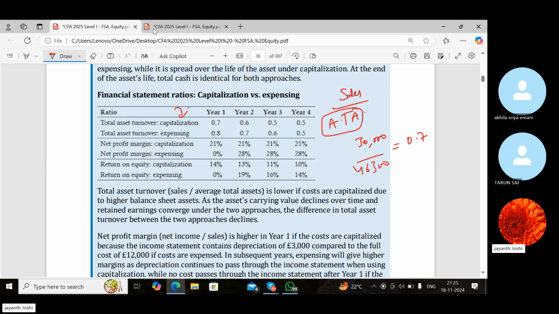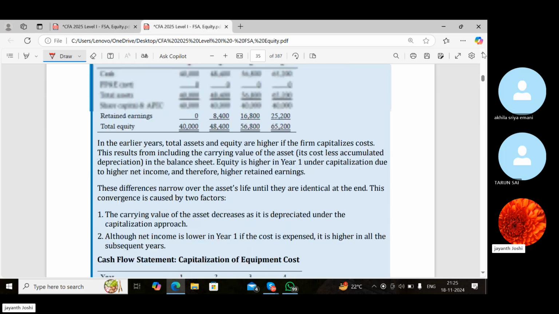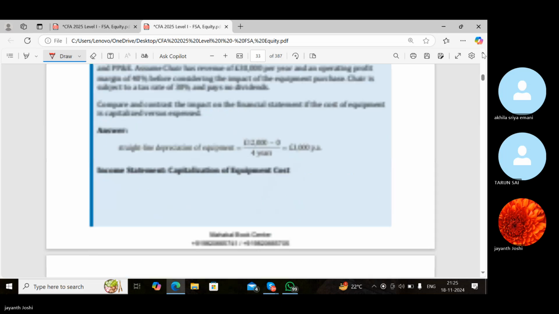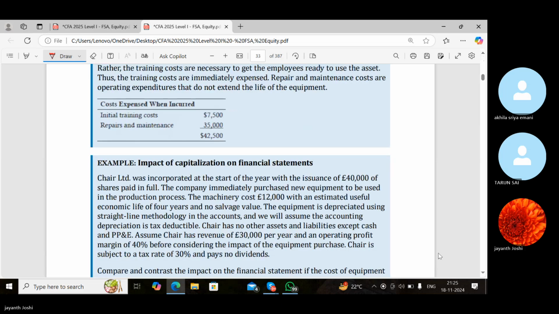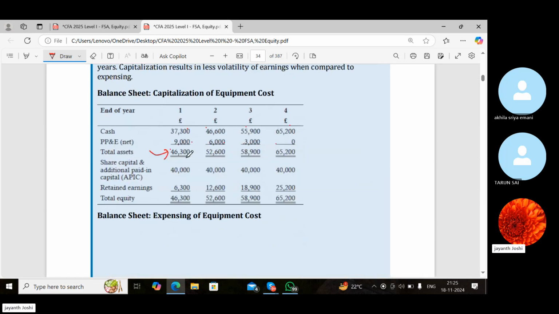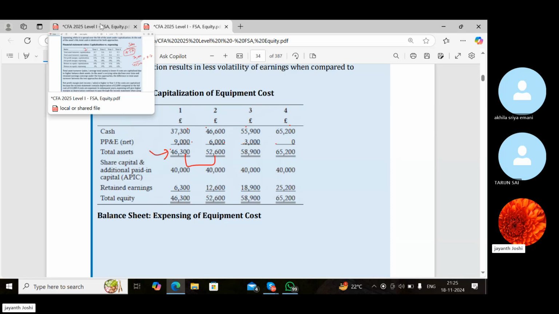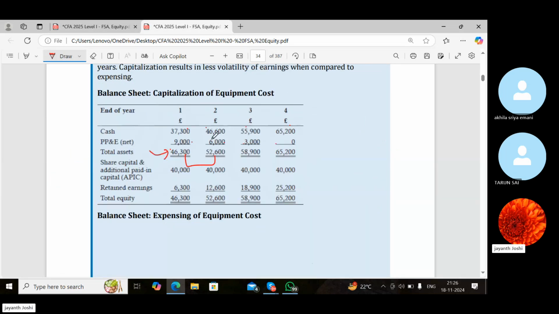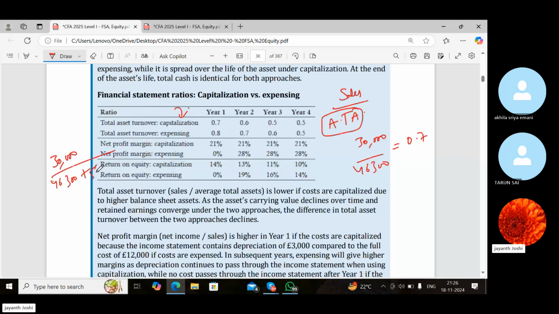Okay. And then again we need to take 30,000 as the revenue for the second year, and the average asset balance. We will take these two, 56,300 plus 52,600, because it is average total assets.